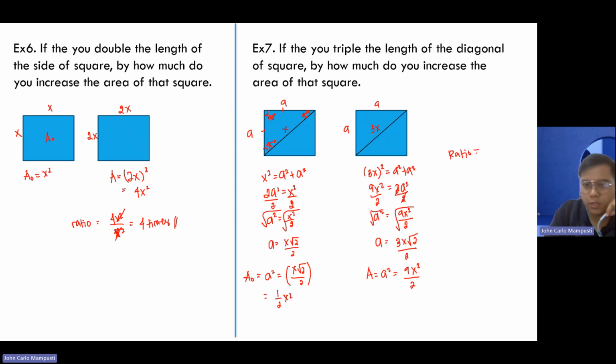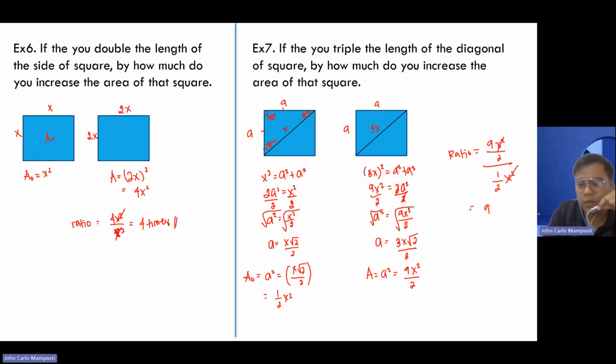Kunin natin yung ratio. This is 9x squared over 2 over 1 over 2 x squared. So cancel yung x squared natin dyan. Dito yun lang. 9 over 2 divided by 1. Therefore, yung ratio niyan is 3.